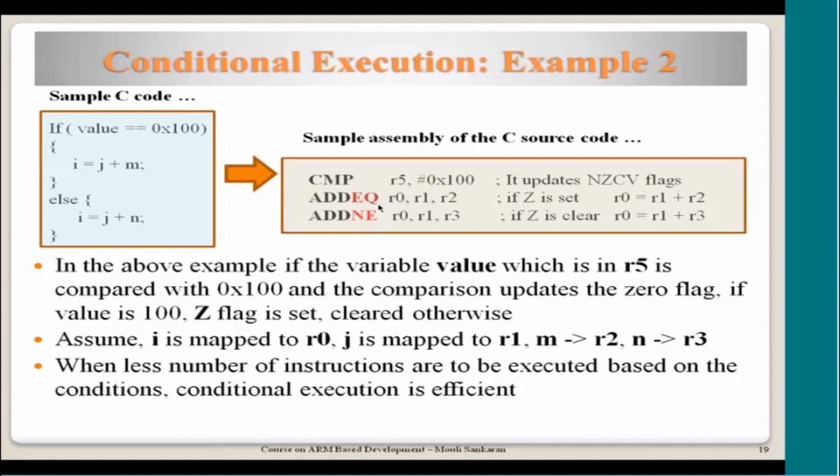Now what happens? It will override the value which was there because of this instruction. It may change the zero flag. Now because of that, this may also be executed if this had an S here, which would be different from what was intended by the programmer.